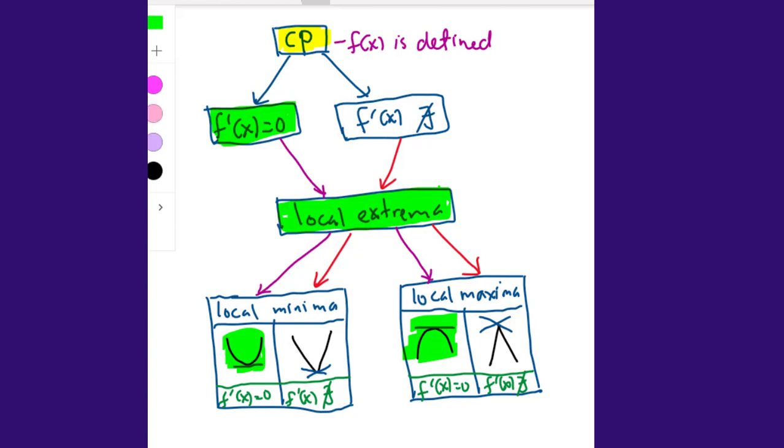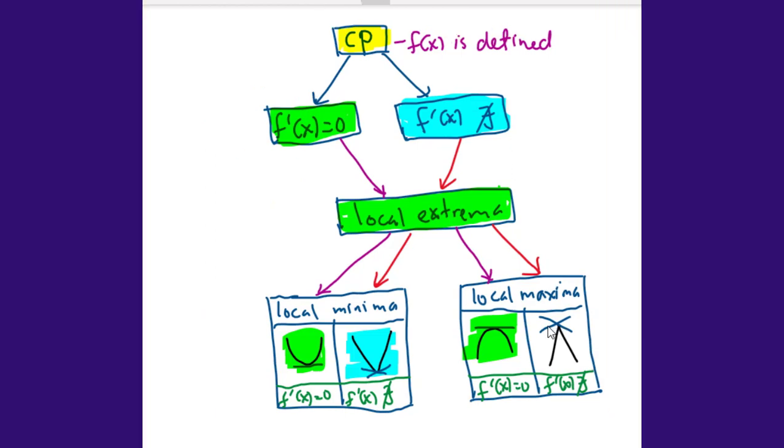And for f prime of x undefined or does not exist, this is only a critical point. Then it also has a local extremum. For a local minimum, the pattern is a V point, sharp point or corner point like this.